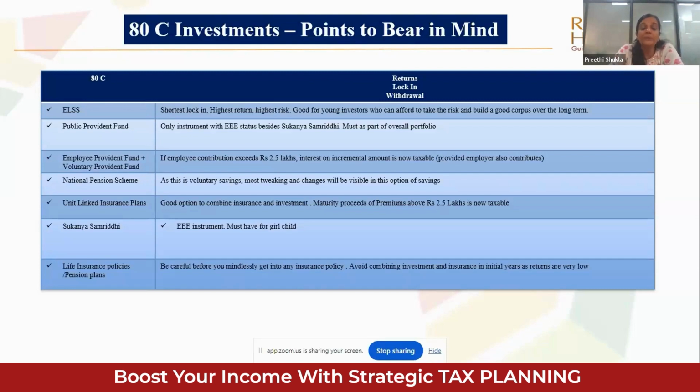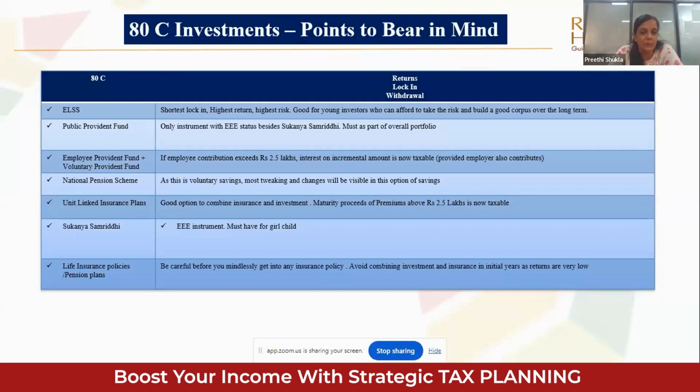Employee Provident Fund: please note that since 2 years back, if your contribution, that is the employee contribution to EPF, exceeds 2.5 lakhs per annum, the interest on the additional sum, that is, if you are contributing about 2.8 lakhs, on the 30,000, whatever interest you earn will now reflect in your AIS statement.